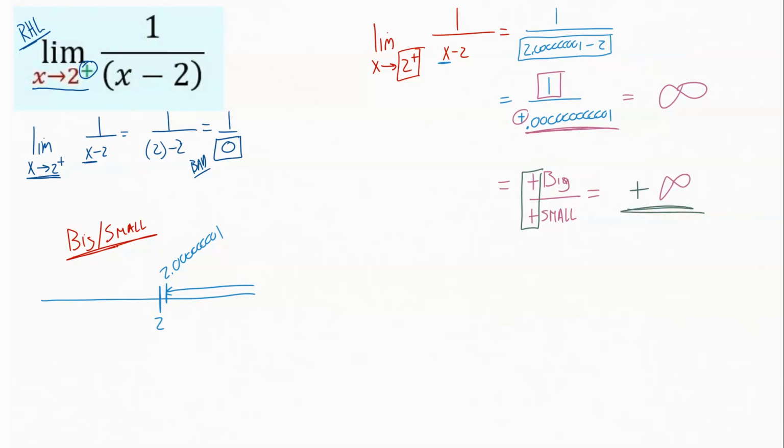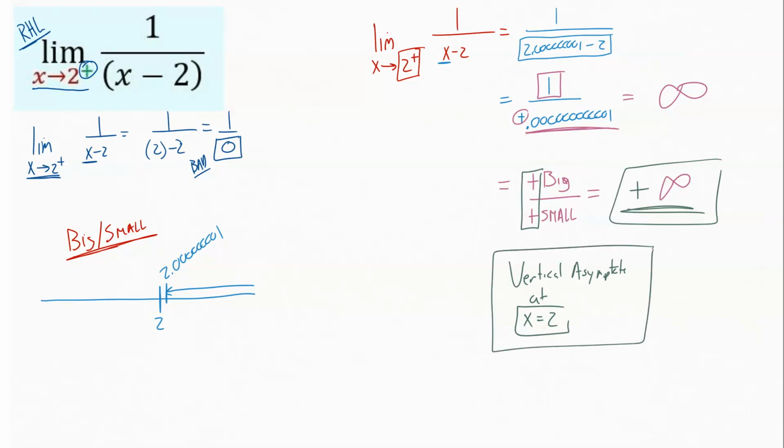And since you only need one side of a limit, the left or the right, to head to infinity for there to be a vertical asymptote, we also know that we're looking at a vertical asymptote at x equals 2. So our limit answer was our graph is headed to a y value of positive infinity. Specifically, though, this is telling us that we have a vertical asymptote at x equals 2 because one of our limits equaled infinity.